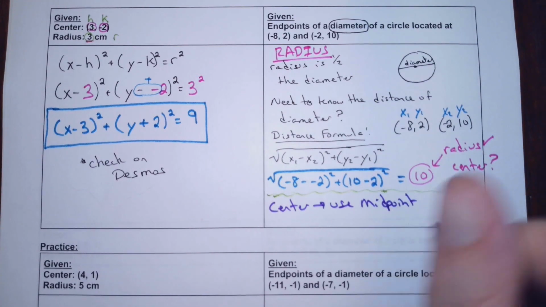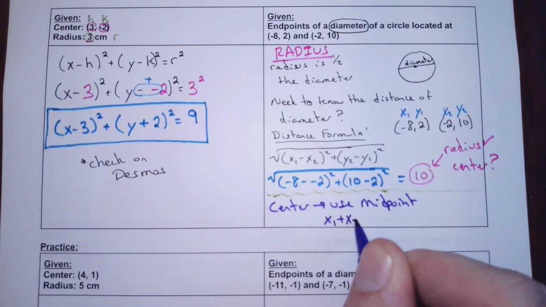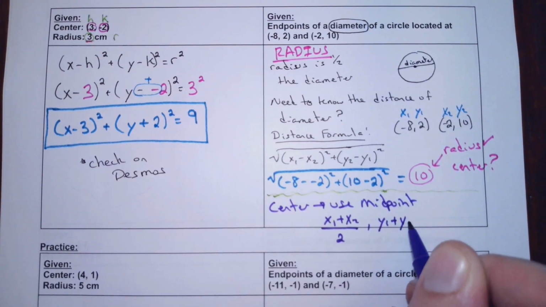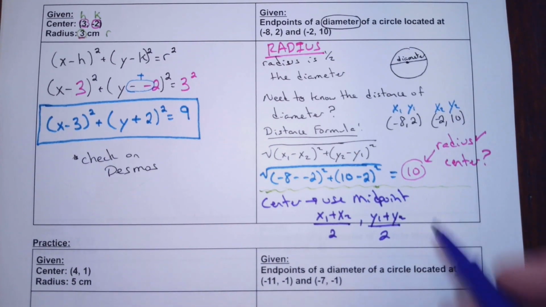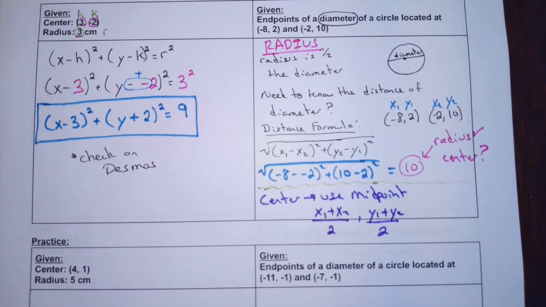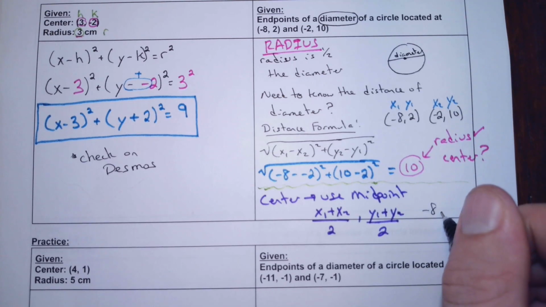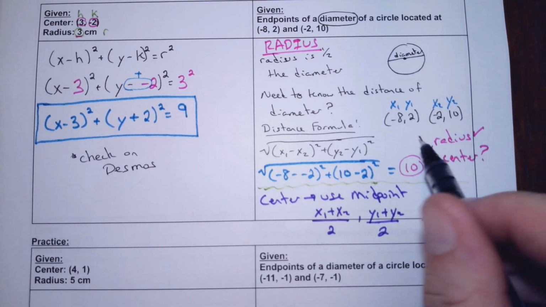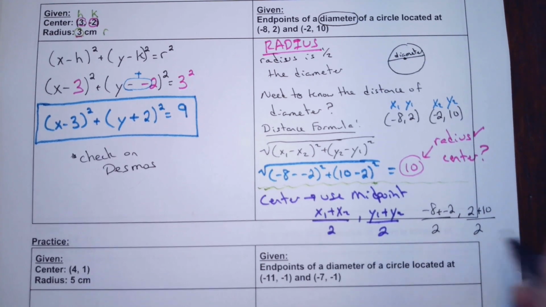You remember what midpoint is? Midpoint was x1 plus x2 divided by 2, and then y1 plus y2 over 2. So that's going to be x1 was -8, so -8 plus -2 over 2, and then 2 plus 10 over 2.